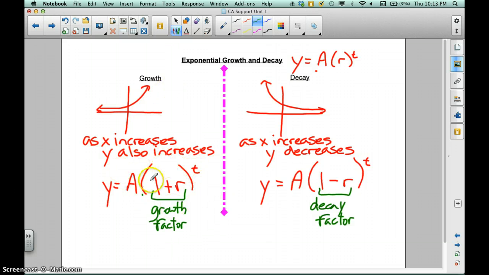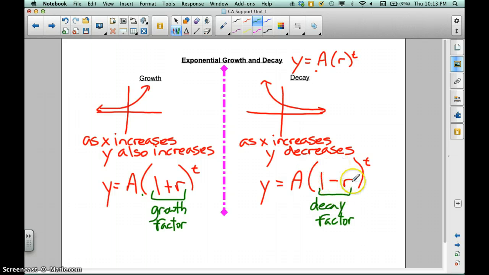The equation looks a little different when we put in the growth factor or decay factor. When we separate out the decay or growth rate, which is this R, from the whole growth factor or decay factor, whatever's in the parentheses here, the base for this exponent, if it's bigger than 1, because 1 is added to it right here, it's a growth equation.